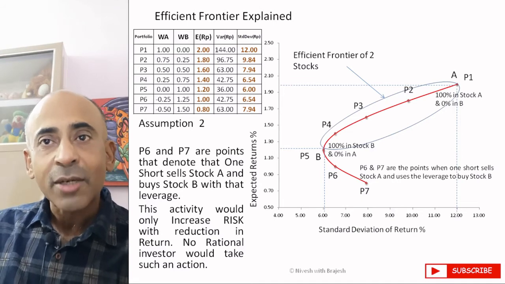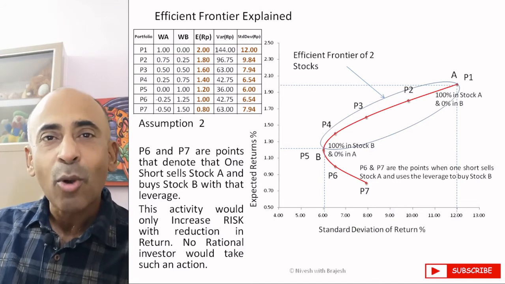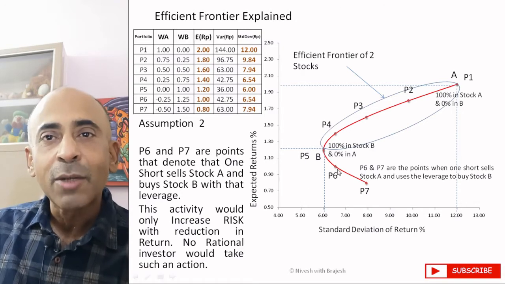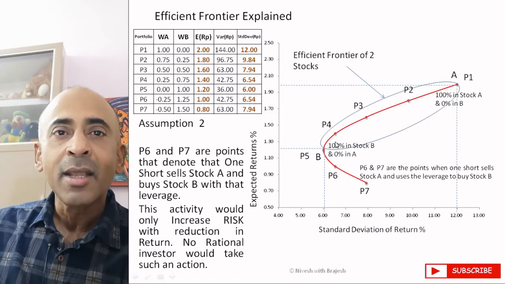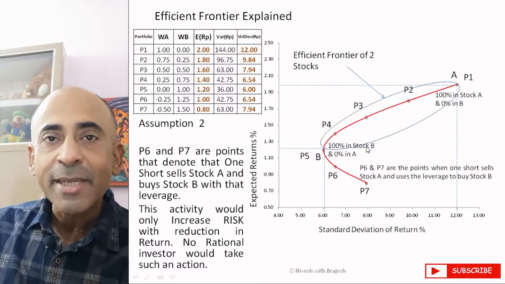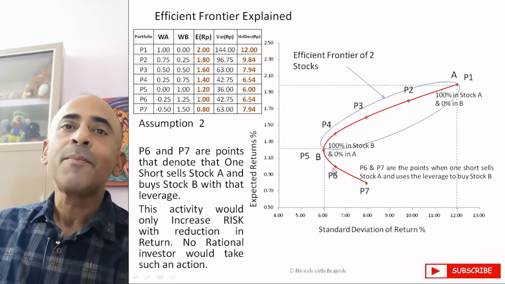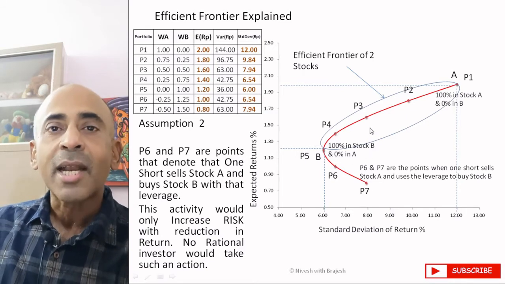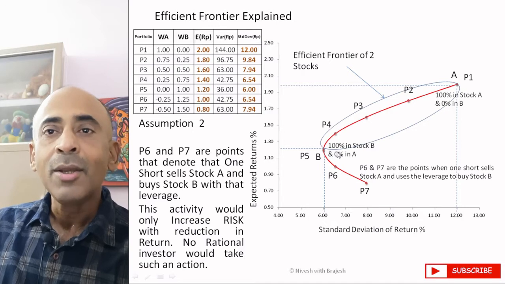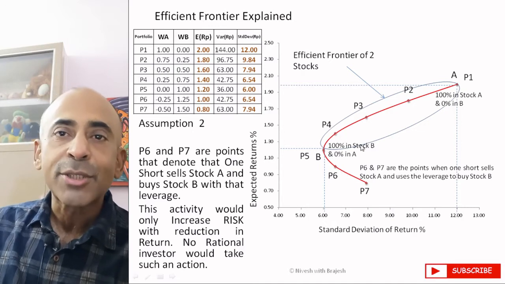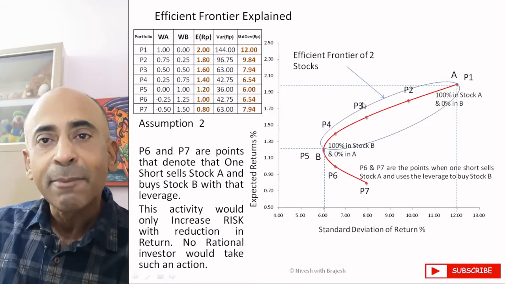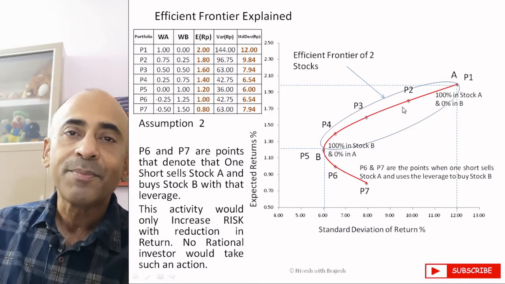Though clearly it is not advisable in this case, as for the points P6 and P7, a higher expected return is possible for the same level of risk taken at points P4 and P3. You can see just above these points P6 and P7, there are points P4 and P3 which are at the same level of risk. So it's not advisable to enter into a situation like P6 and P7. Instead, portfolios P2, P3 and P4 are worth investing into.